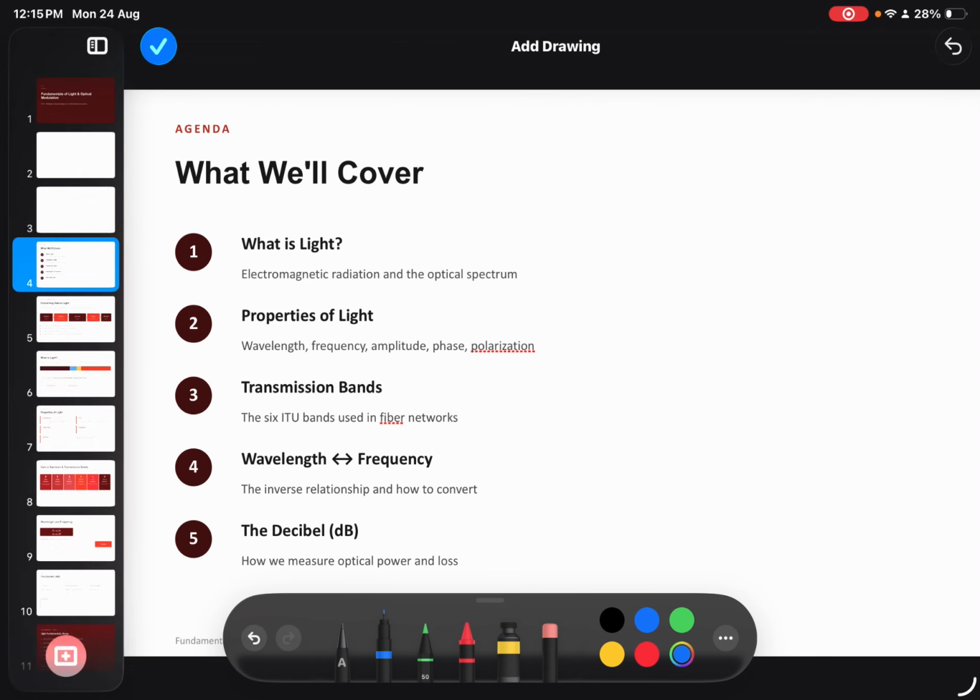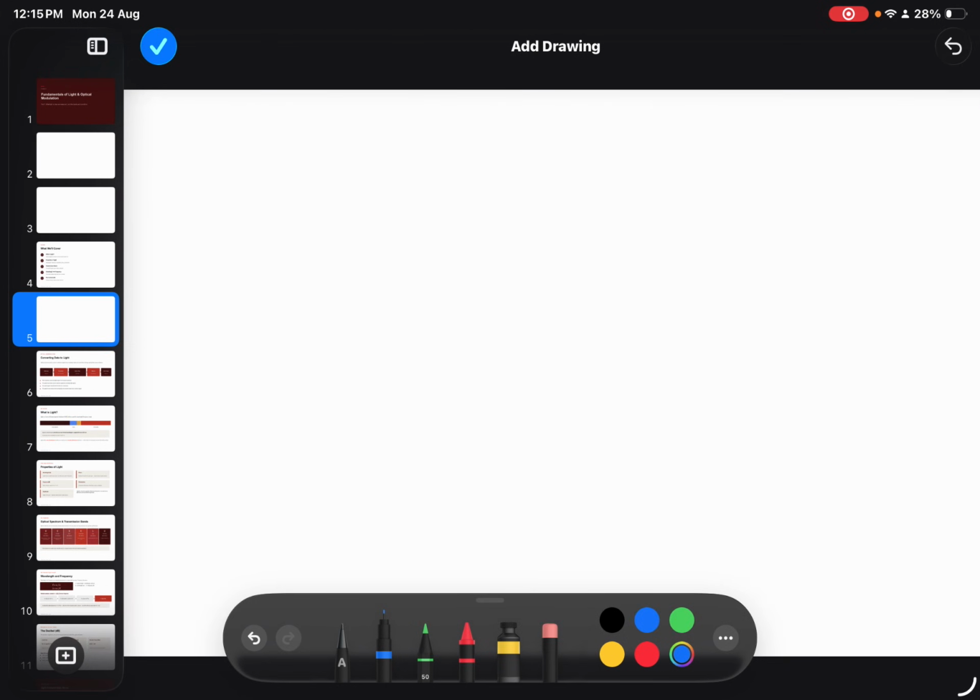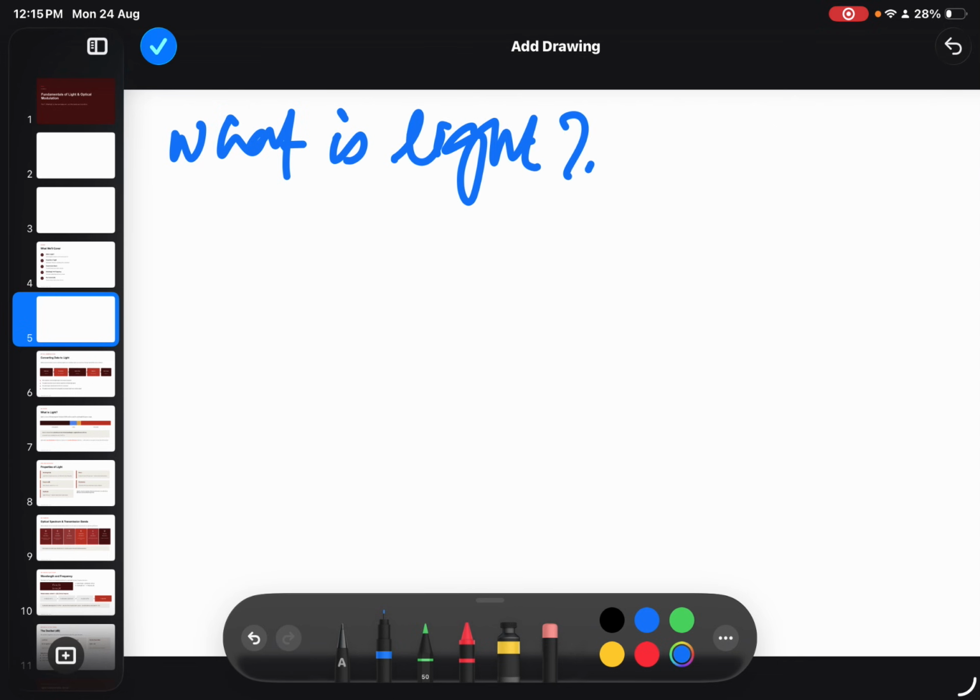Let me just add another slide here. Now what is light? Light is a form of electromagnetic radiation.